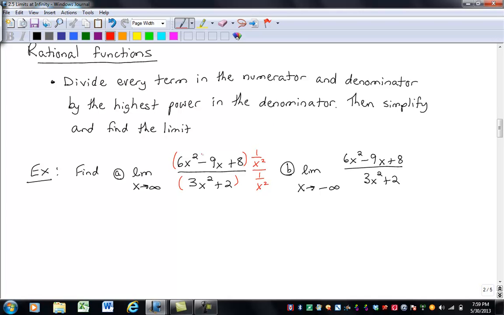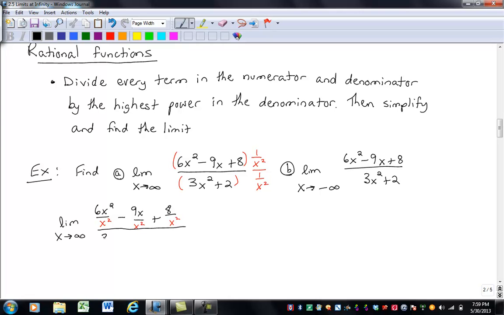But when I distribute this in, in effect it divides every term by x squared. On top I have 6x squared over x squared minus 9x over x squared plus 8 over x squared. 1 over x squared means multiply the numerator by 1 and divide by x squared.